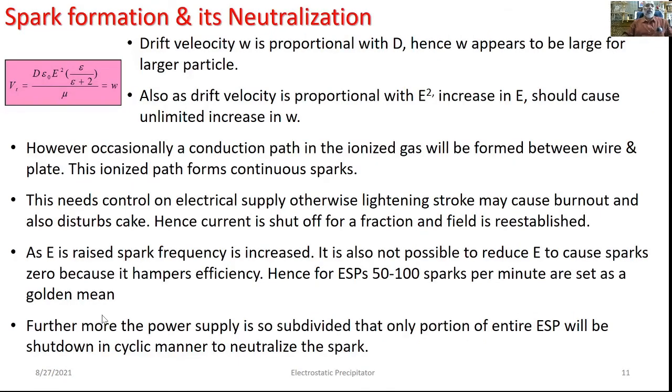Now, as we see this drift velocity equation, the velocity is proportional to the diameter of the particle. Hence, the coarser the particle, the higher will be the drift velocity.